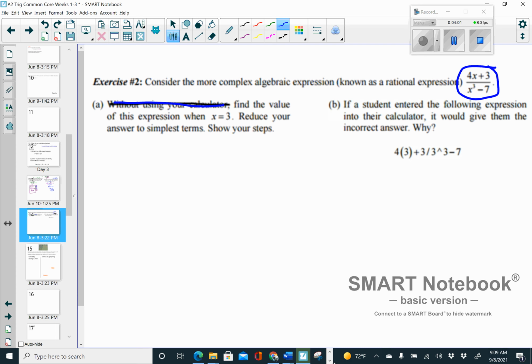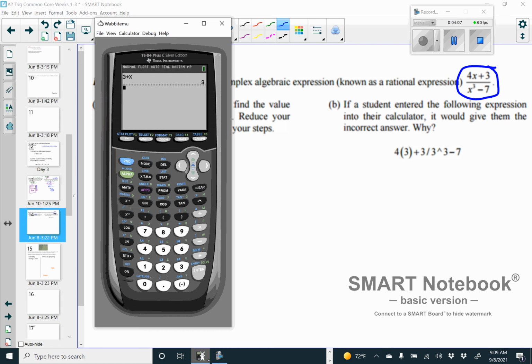So now I'm going to plug this expression right here into the calculator. Let me get my calculator screen back. There we go. To get the fraction bar right here, I'm going to hit alpha and y equals, and this little option number 1 gives me a fraction symbol. So I'm going to type in 4x, and remember my calculator is going to read that as 3 plus 3. And then on the bottom, I'm going to hit the down arrow.